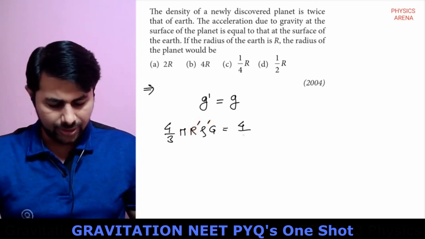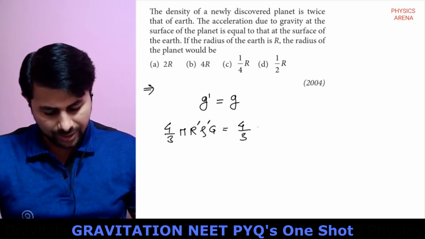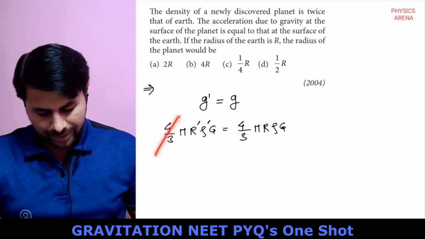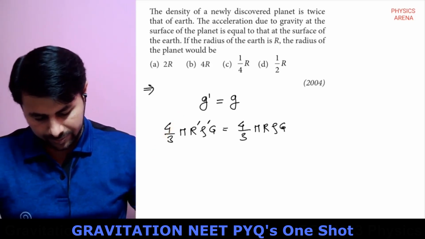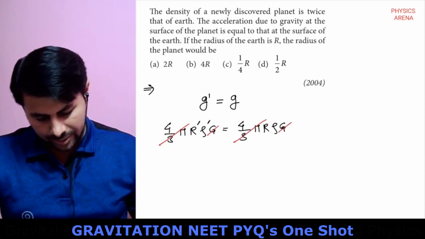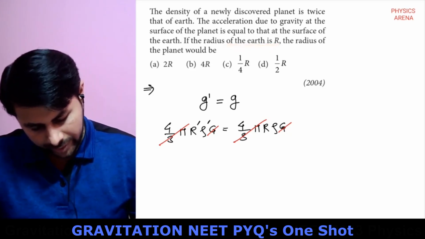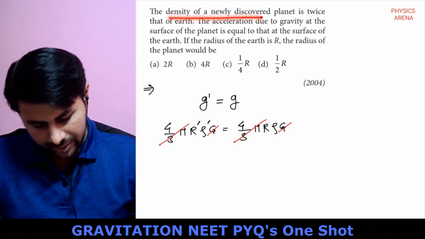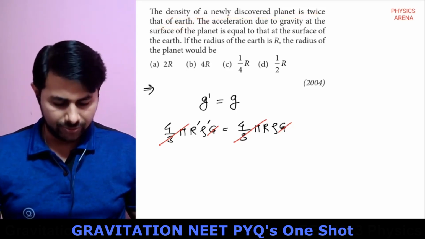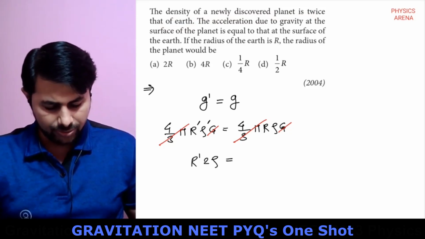It's equal to the acceleration due to gravity of Earth, which is 4 by 3 pi r rho G. So 4 by 3 pi is cancelled, G and G is cancelled. What's given? The density is twice that of Earth, so rho dash is equal to 2 times rho.